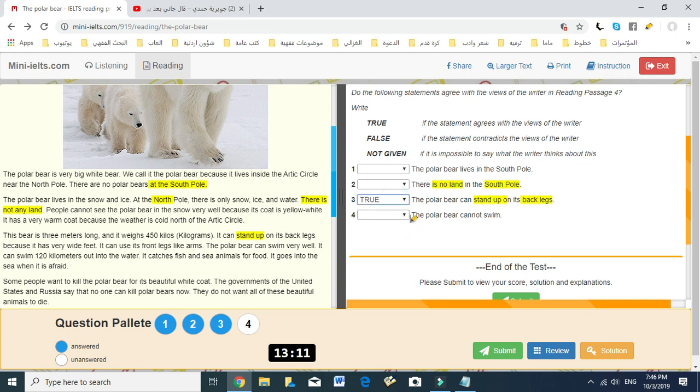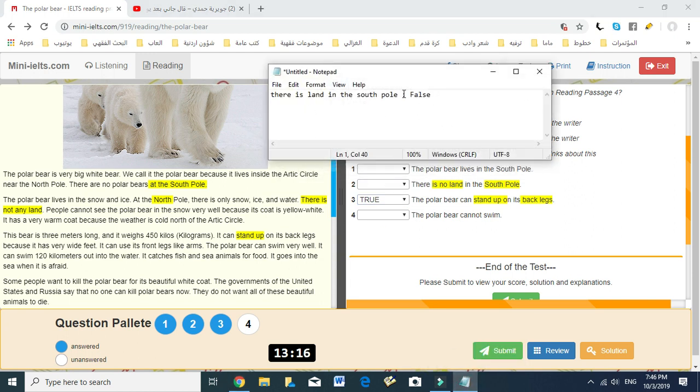How could the answer be false? If he said the polar bear cannot stand up on its back legs, the information in the question contradicts the information in the passage.